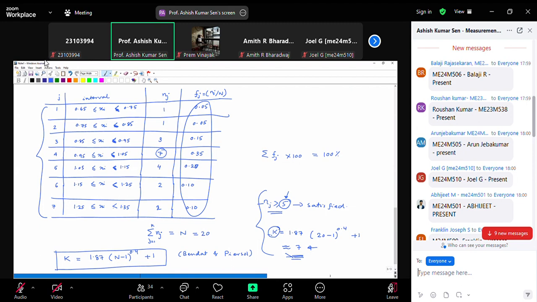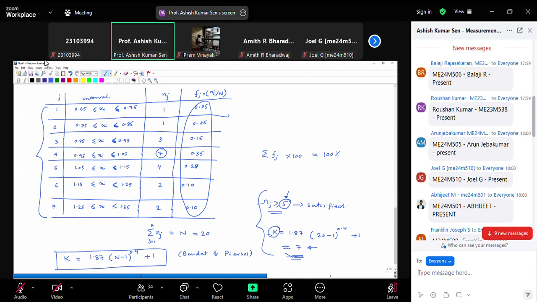Let's say you want to measure the temperature of a surface, and you want to ensure that the true value of the temperature lies within the range of the measured temperature at a probability of 95%, or 99%, or 90%.